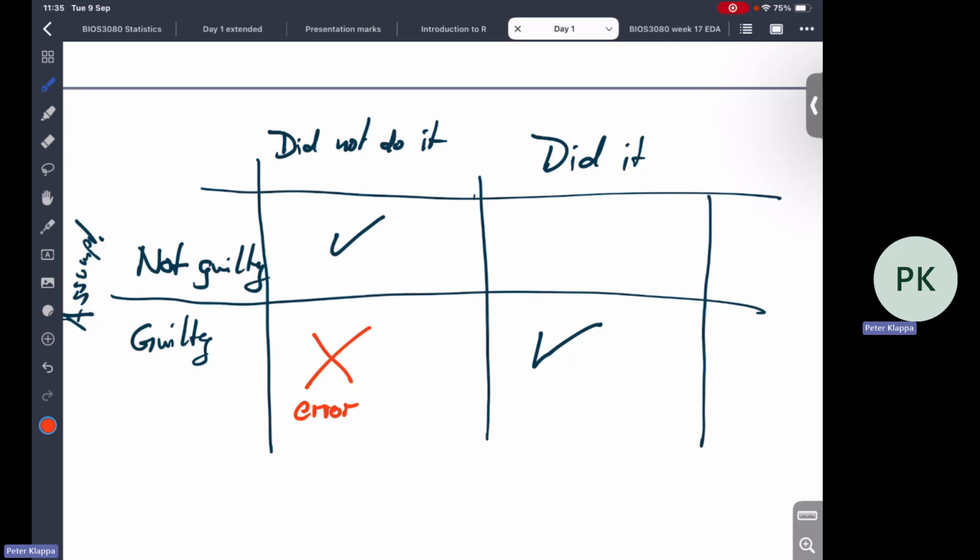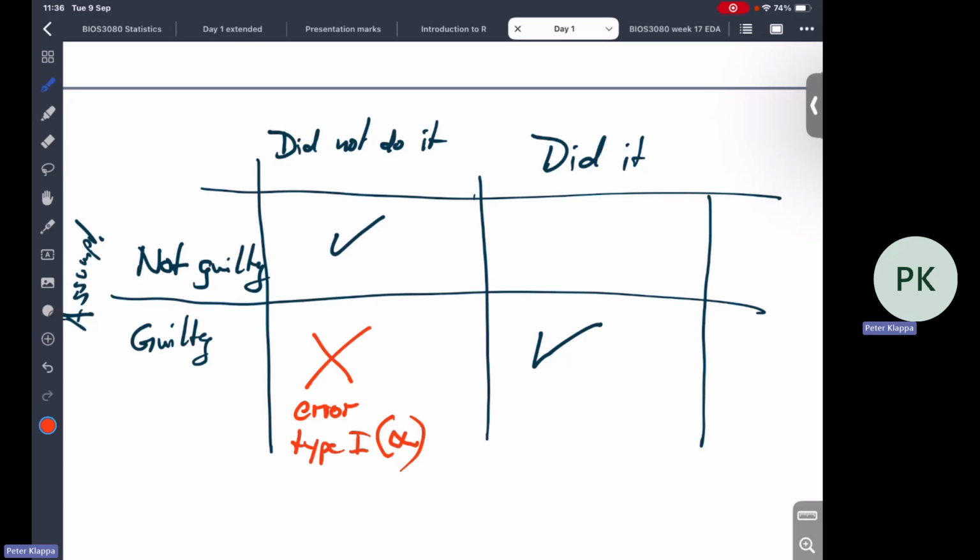And because it's in the first column, it's called a type 1 error. Type 1 errors are usually abbreviated with the symbol alpha. We make a type 1 error, or the jury makes a type 1 error. She didn't do it, but we convict her.